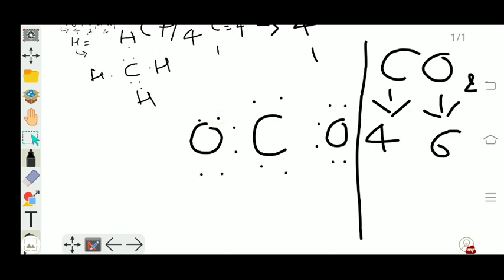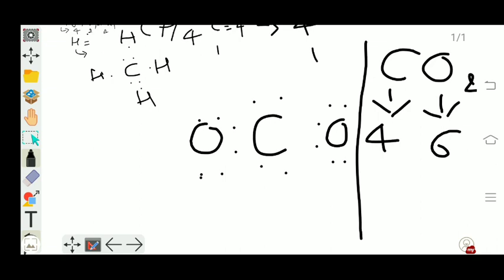Initially I told that carbon follows the octet rule, and oxygen also attains stability by following the octet rule. Here carbon must take 8 electrons, 1 to 8. Oxygen has 1, 2, 3, 4, 5, 6.